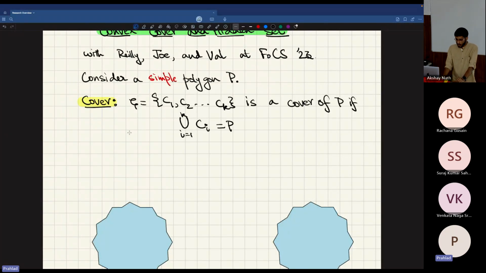Here's the definition of a cover. It's simply a collection of subsets of P whose union is the entire polygon. If we want to talk about a convex cover, then that is simply that for all i, your C_i is convex.